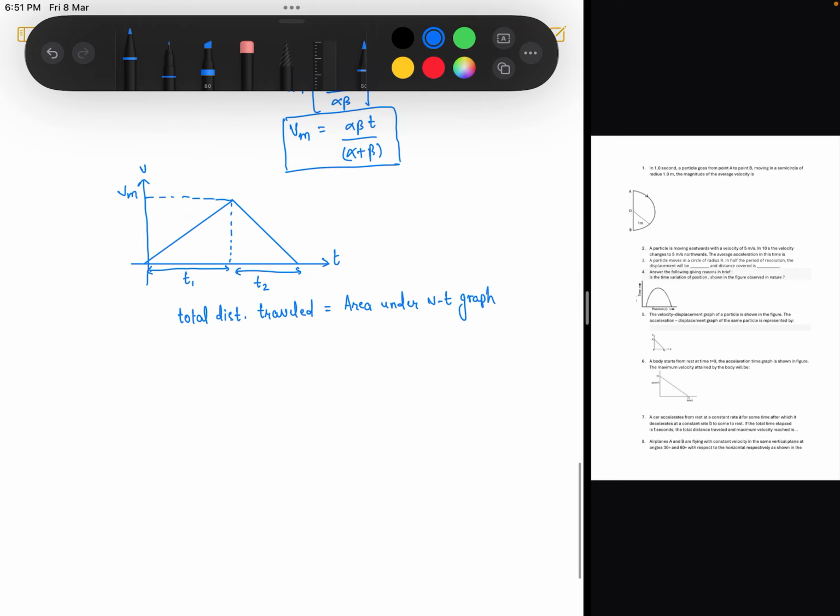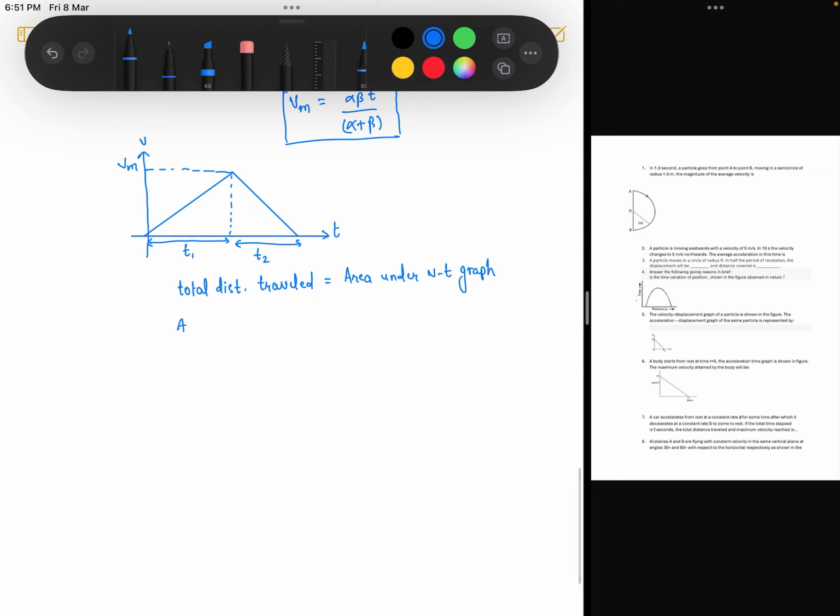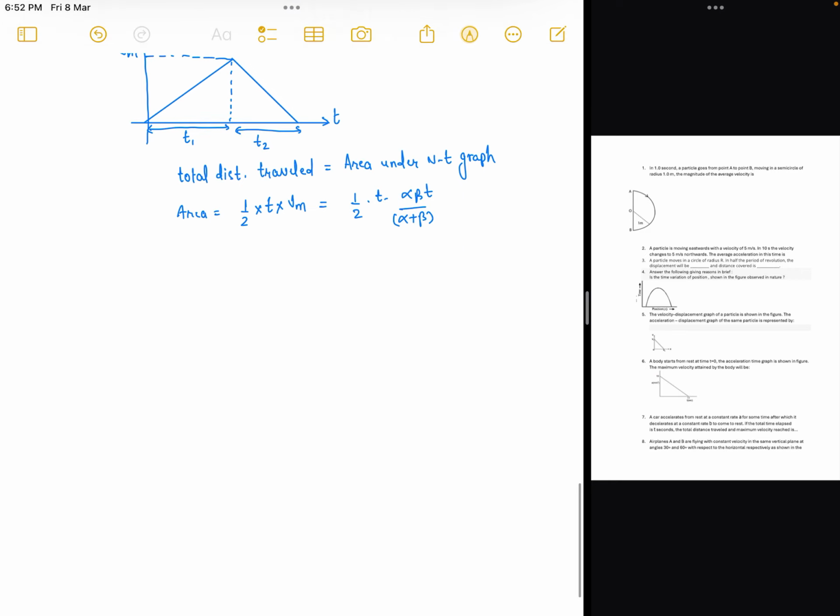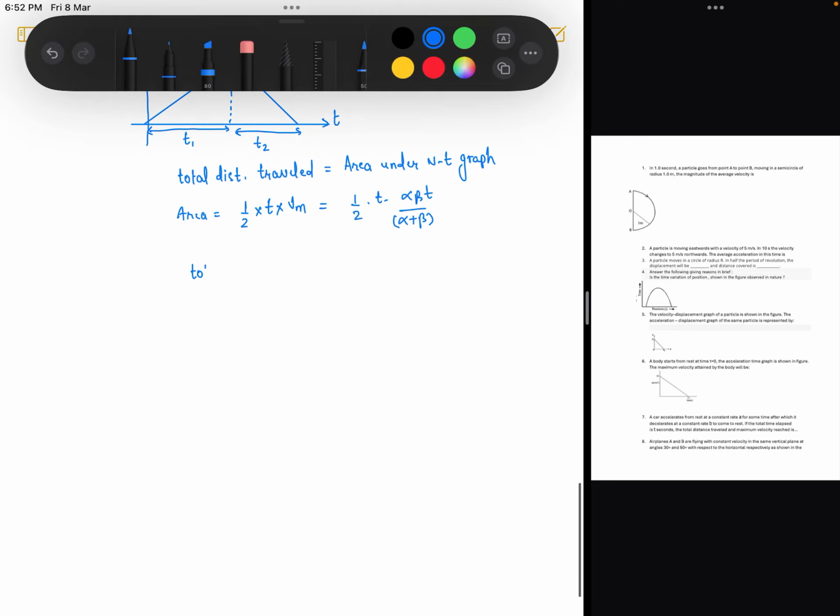This is the V maximum, and the value of V maximum we already know. The area of this triangle is half into base, that is t, multiplied by height, that is V maximum, that is half of t times alpha beta t divided by alpha plus beta. So this is the total distance traveled by the particle.